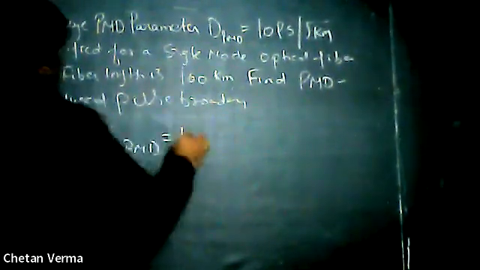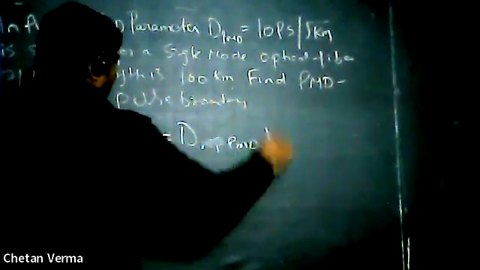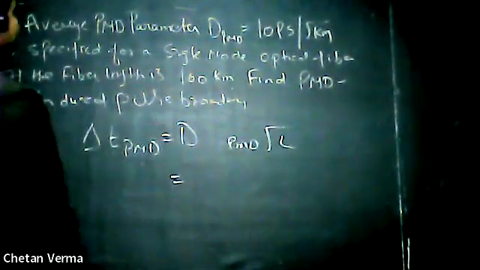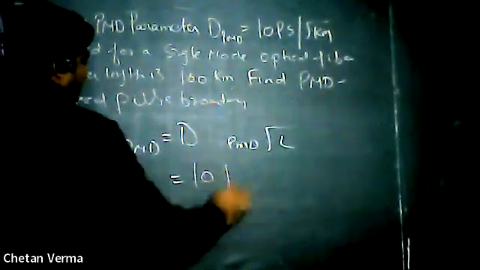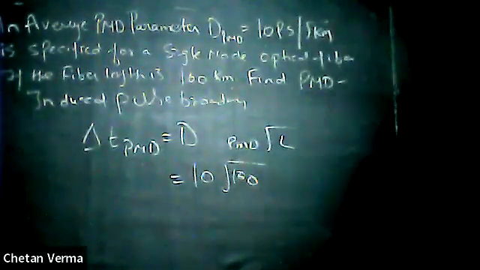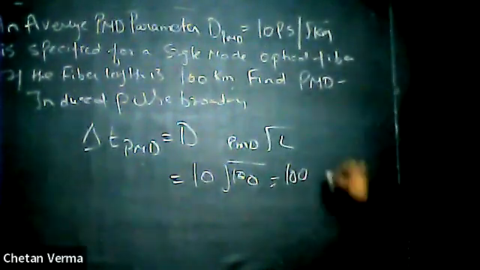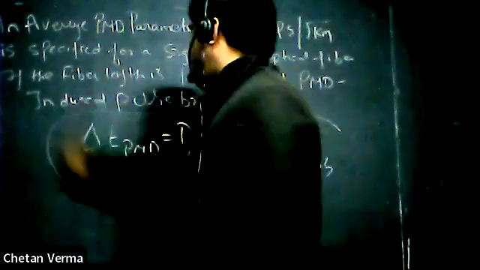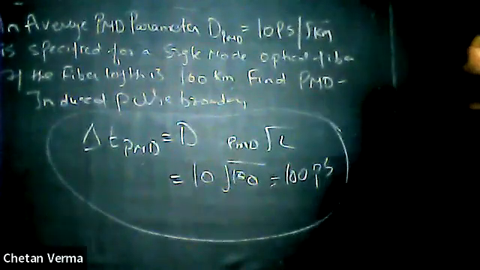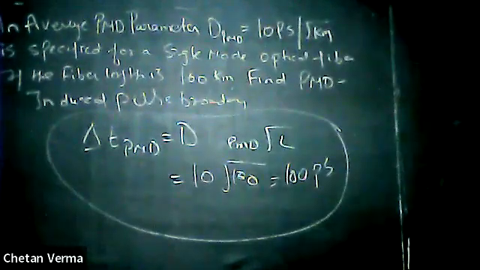According to the formula, the answer is delta T_PMD equals D_PMD under root of L. D value is now 10, fiber length is now 100. So this is the formula, and the finalized answer is 100 picosecond. So that is the only simple formula. That is the pulse polarization mode dispersion, the delta T_PMD according to this formula.